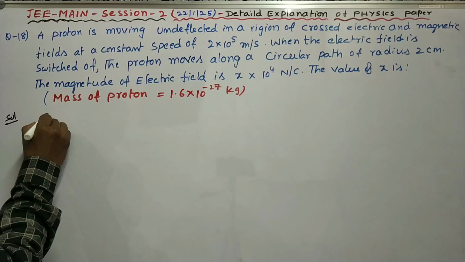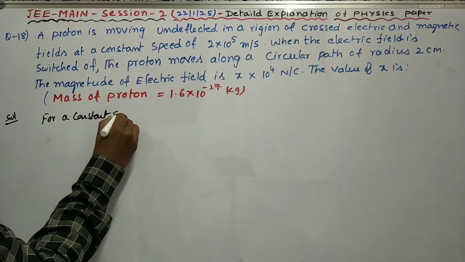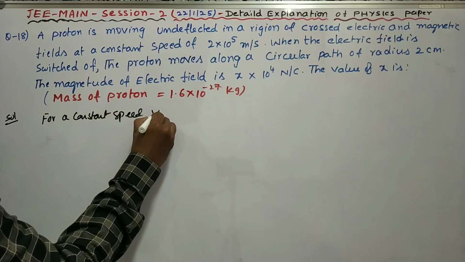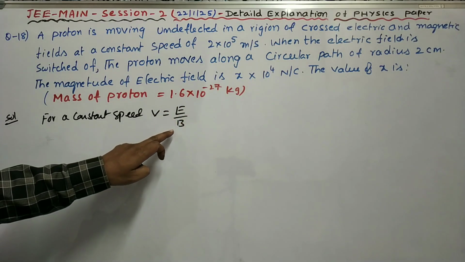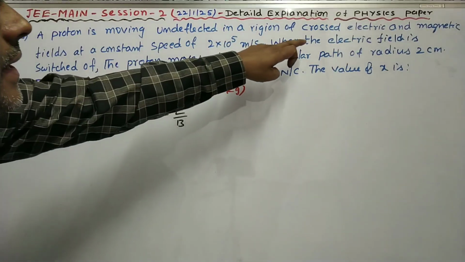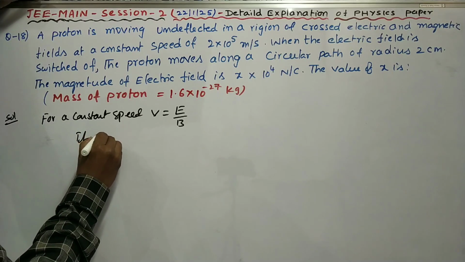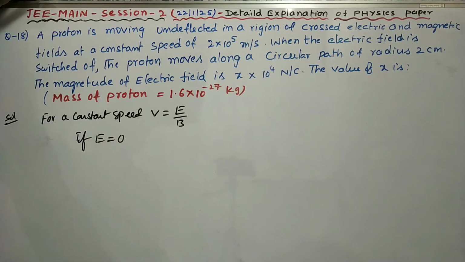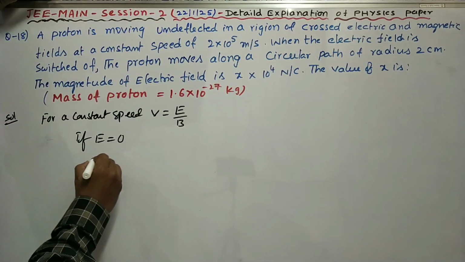So for a constant speed, E must be equal to vB, so v is equal to E by B. When the electric field is switched off, E equals 0, the proton moves along a circular path.